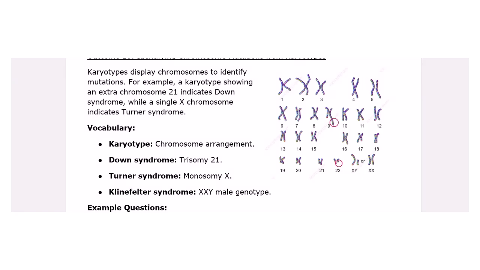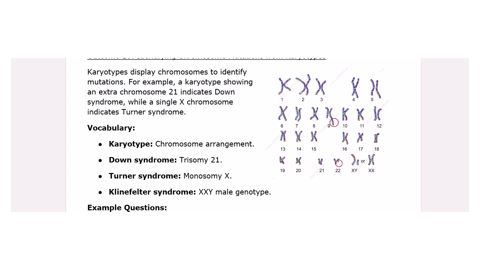Okay, so we look at chromosome 9 and we look at chromosome 22 because they're both circled. So is this a normal karyotype? Yes or no? No, because there seem to be some concerning chromosome areas, right? What would a normal karyotype look like? You would have how many of each chromosome? 2.